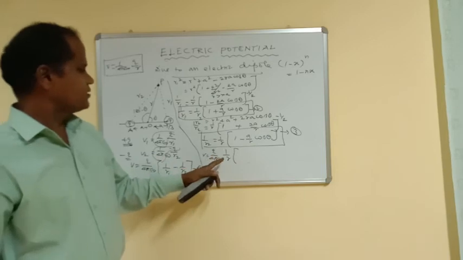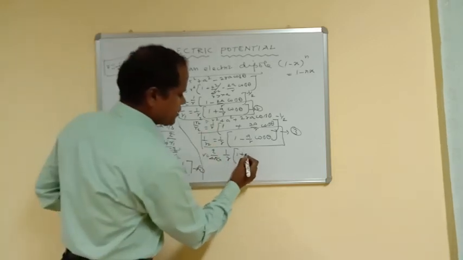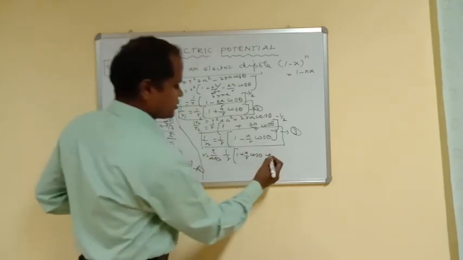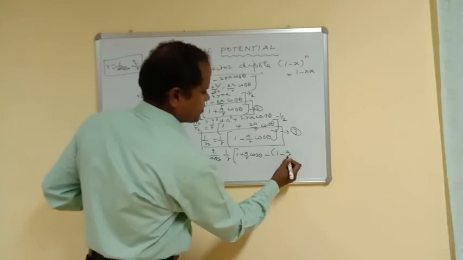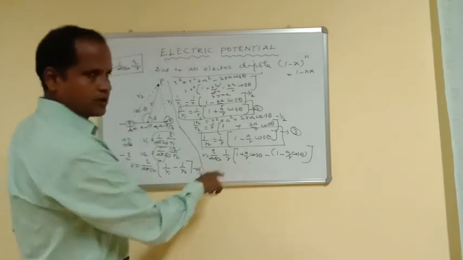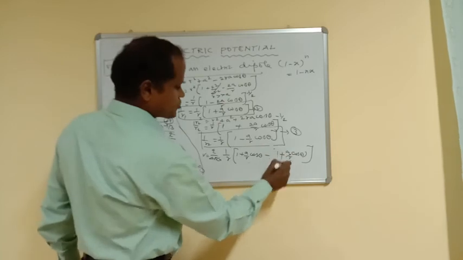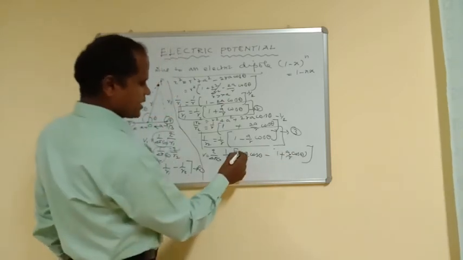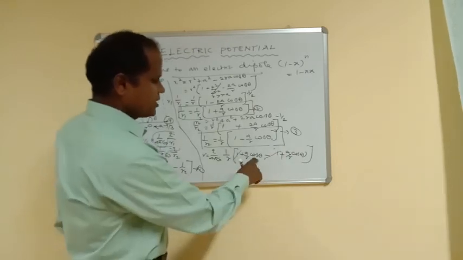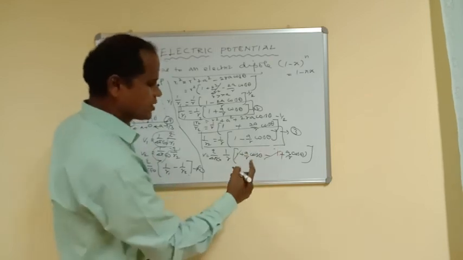Then substitute: (1 plus A by R cos theta) minus (1 minus A by R cos theta). Bringing the negative sign inside, the minus 1 becomes plus; the plus 1 and minus 1 cancel. So A by R cos theta plus A by R cos theta gives you 2A by R cos theta.